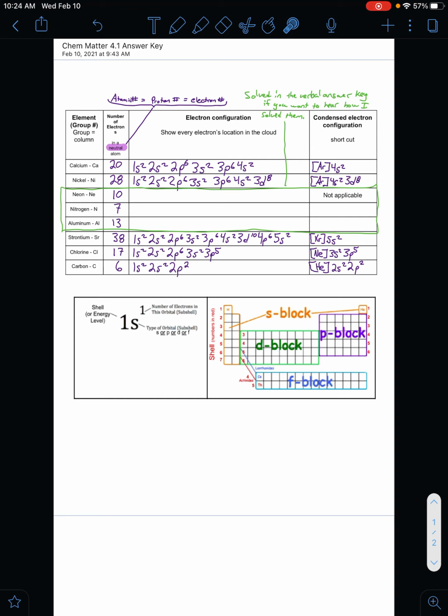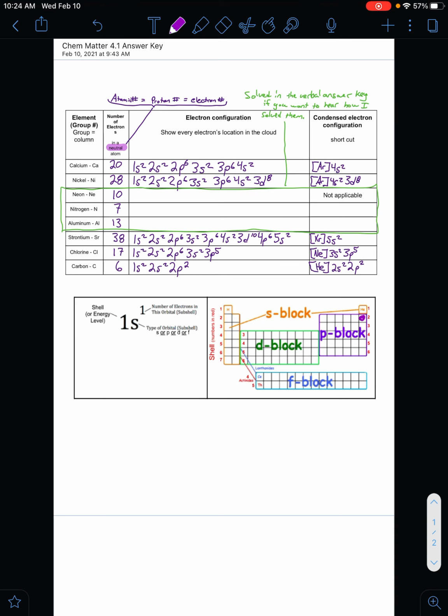And because it's neutral, my electrons must be equal to protons in order to cancel out positive charges in the protons with the negative charges of the electrons. So neon has 10 electrons, nitrogen 7, aluminum 13 in a neutral version of that atom. The next step is to find them on the periodic table.